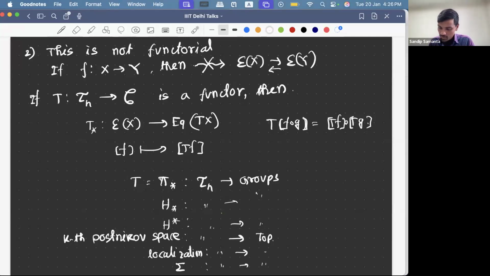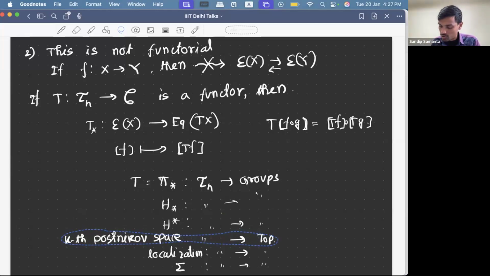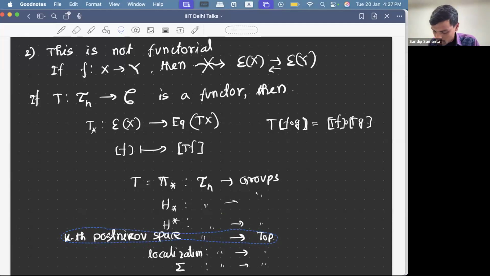This Postnikov space thing is very important in our case, and many calculations are done using the Postnikov space decomposition of X.